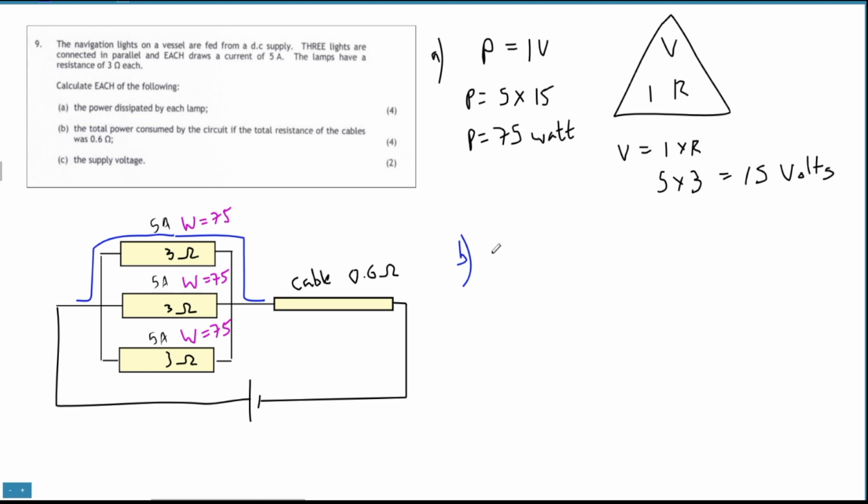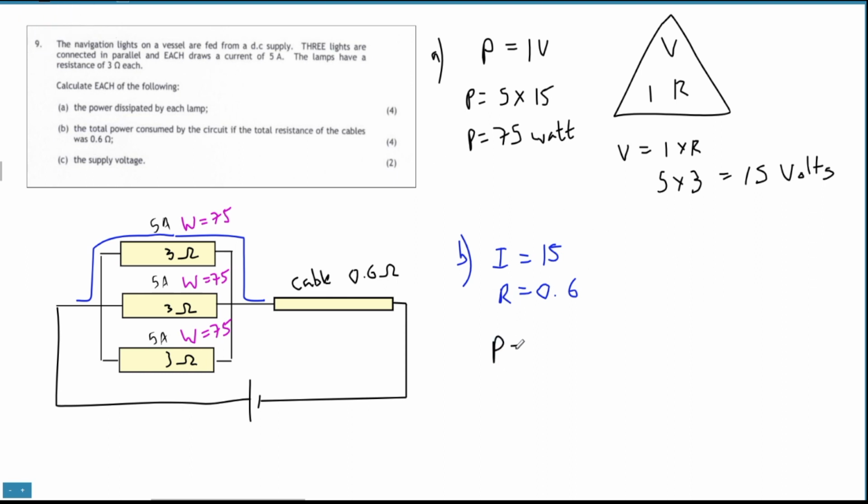So I can actually say the amperage of this, the I, must be equal to 5, 5, and 5, so that's 15. And then I need my resistance. My resistance is equal to 0.6 ohms. All I need is the resistance over the component. I don't need the whole resistance of the whole circuit. We're not doing that right now. So it's a really easy calculation. So let's put it all together.